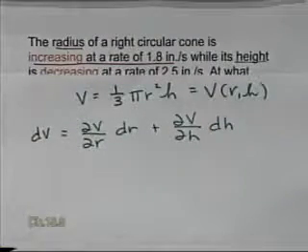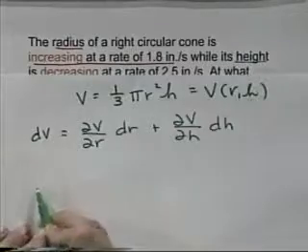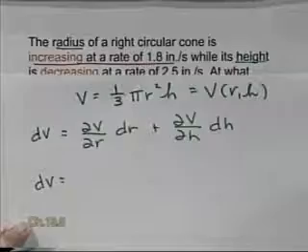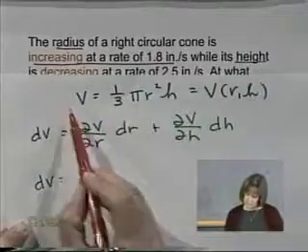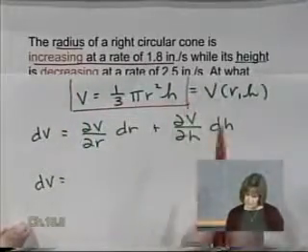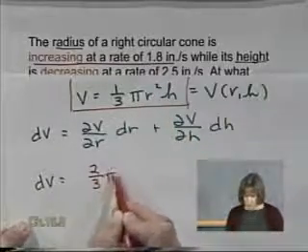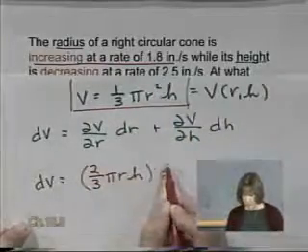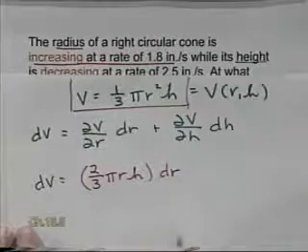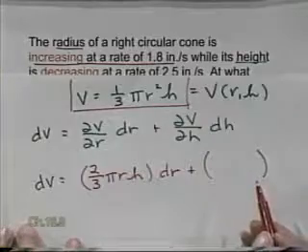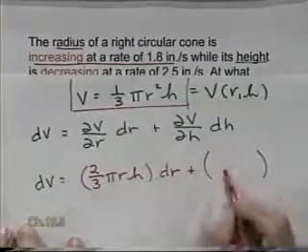Are you all with me? By the way, what is the partial of v with respect to r? Bring down your 2, so it would be 2/3 pi rh, times dr. I don't know dr right now. What would be the partial of v with respect to h? Just 1/3 pi r squared, right?